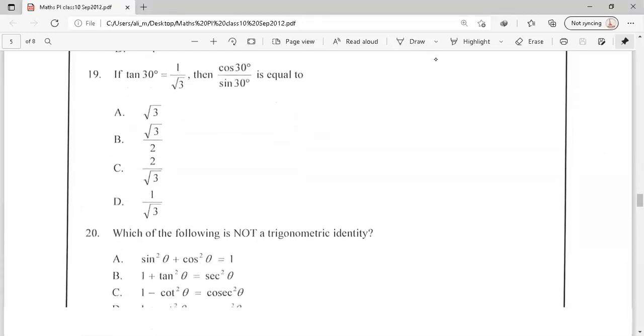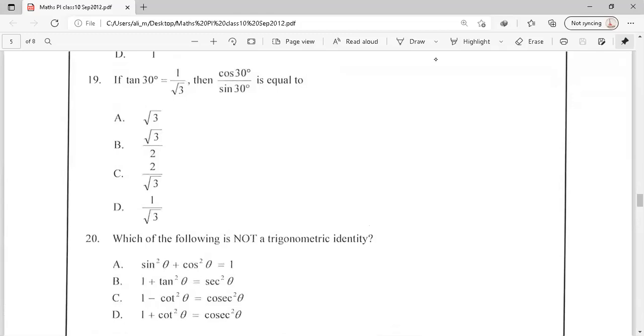Then we have question number 19 and 20. If tangent 30 is equal to 1 over root 3, we have to find the value of cos 30 over sine 30. We know that cos 30 over sine 30 is equal to cotangent 30 degree.